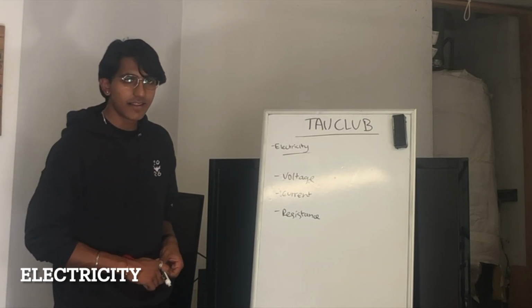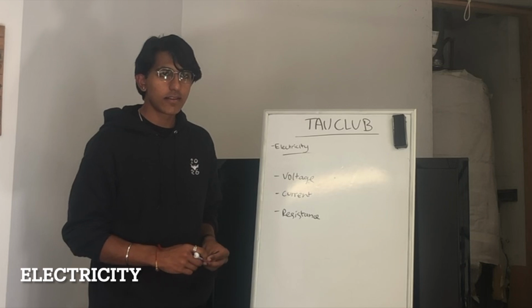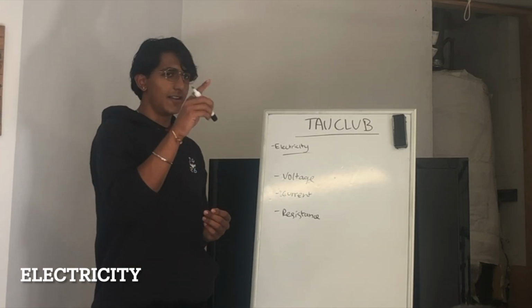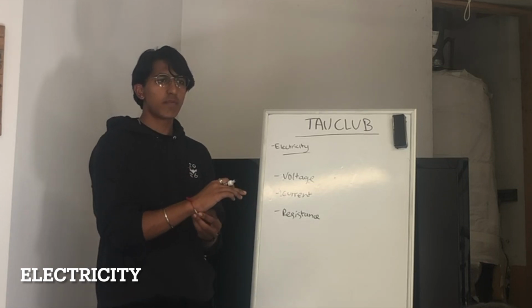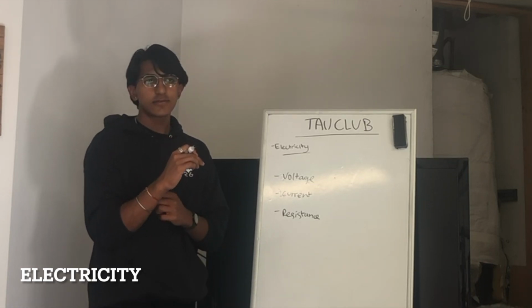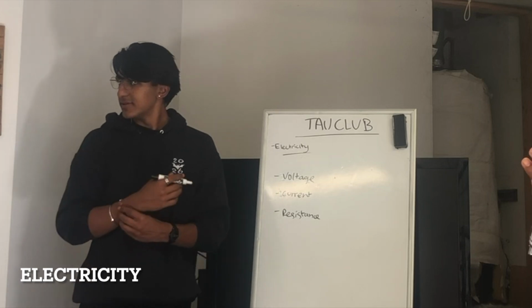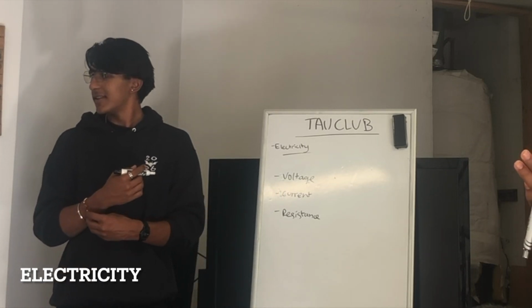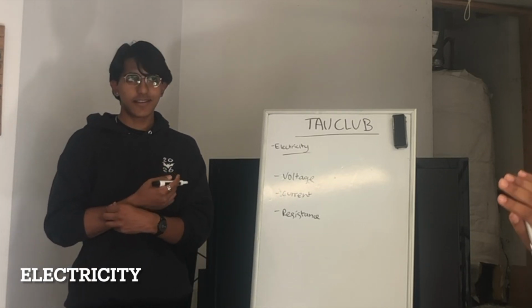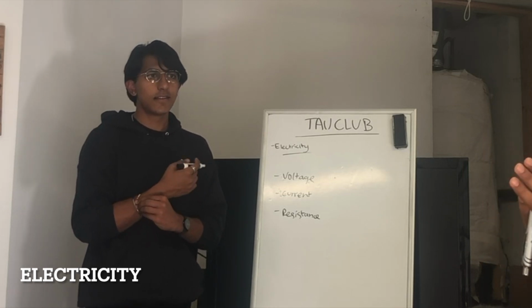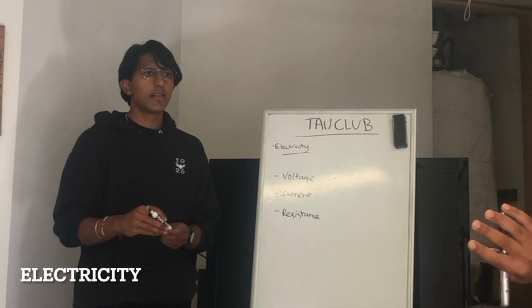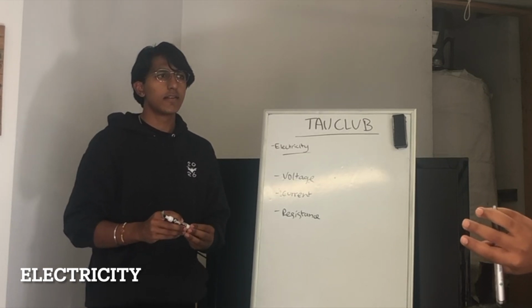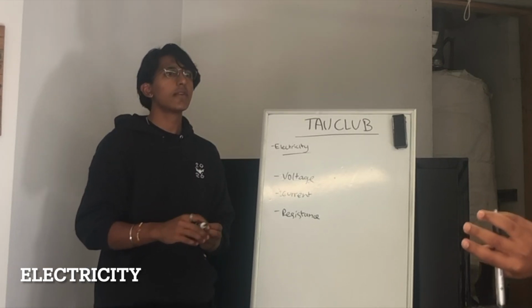Yes. Voltage is the amount of electrons going through. No. I think it's like watts, I think. It's like the amount of energy in some area divided by the charge of something.